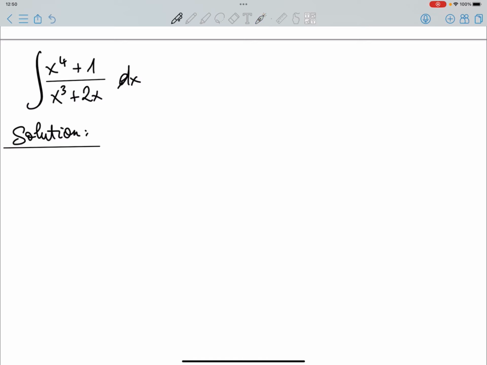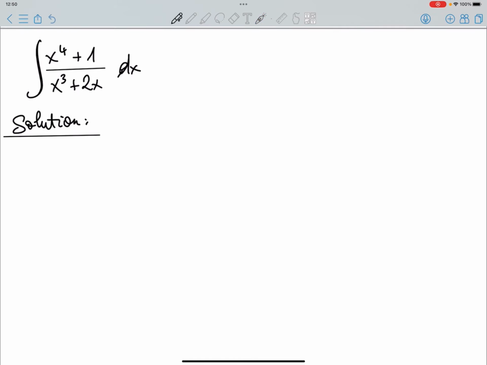To do that, we're going to perform a division of polynomials. So we divide x to the fourth plus 0x cubed plus 0x squared plus 0x plus 1, which is basically this numerator, by this denominator, which is x cubed plus 0x squared plus 2x plus 0.